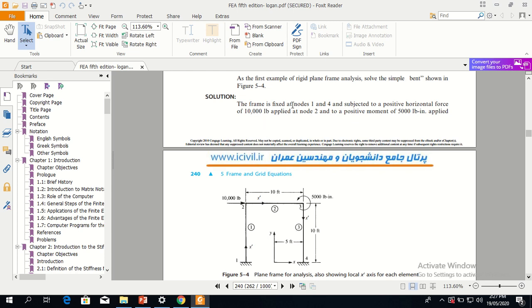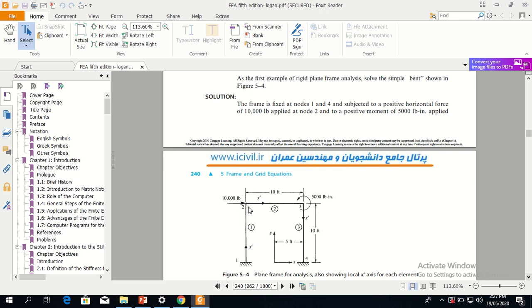The frame is fixed at node 1 and 4 and subjected to a positive horizontal force of 10,000 pounds at node 2 and a positive moment of 5,000 pounds applied at node 3.